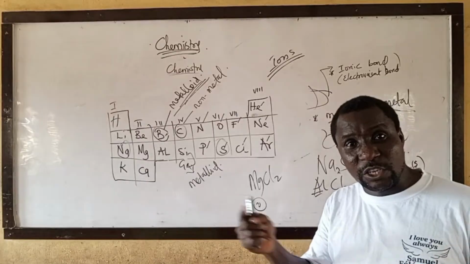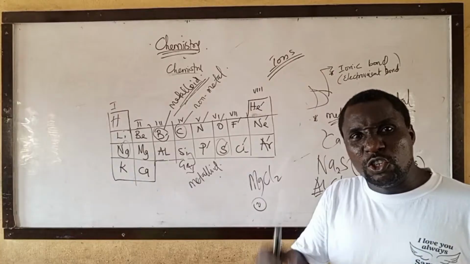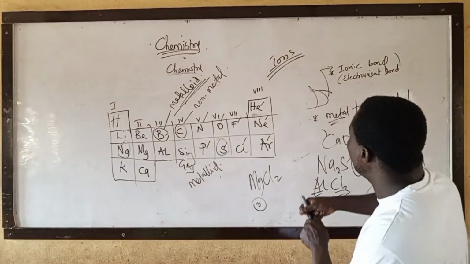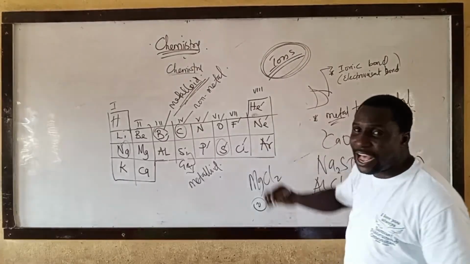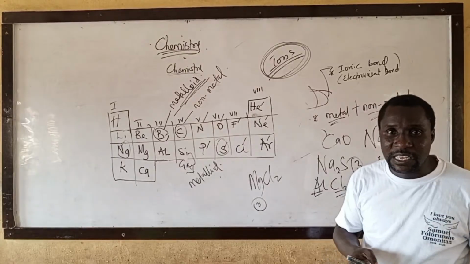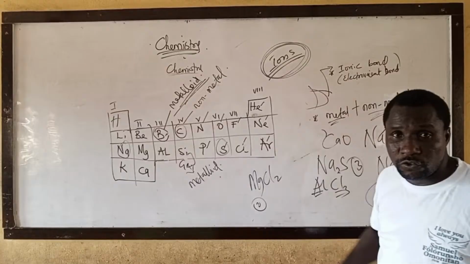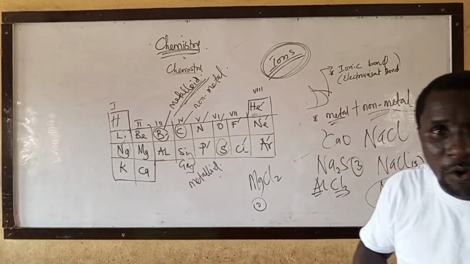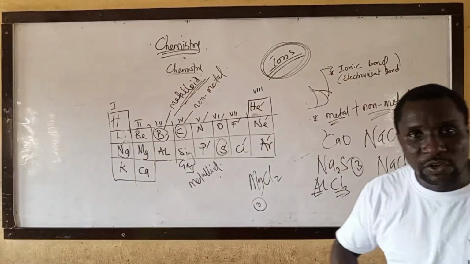Ionic compounds form ionic solutions. They conduct current because of free mobile ions. Ions are their current carrier, which are cations and anions. Cations are positive ions, anions are negative ions.